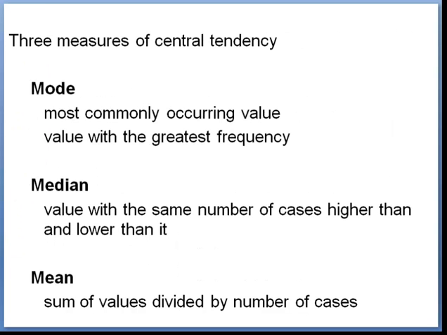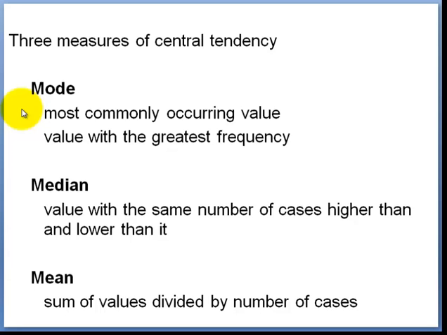So we're focused now on central tendency. The three main measures of central tendency are the mode, that is, the most commonly occurring value, which can also be described as the value with the greatest frequency.